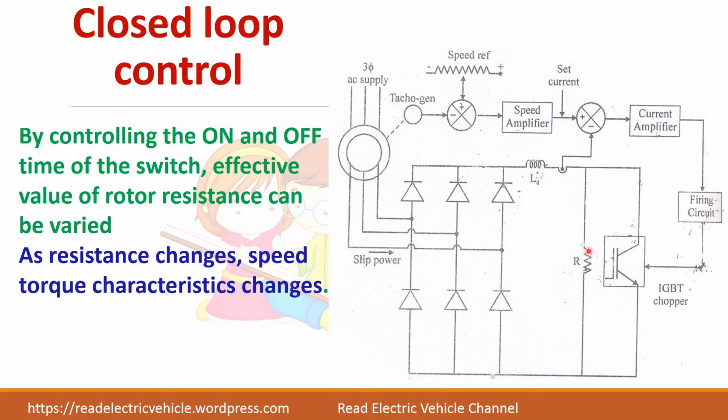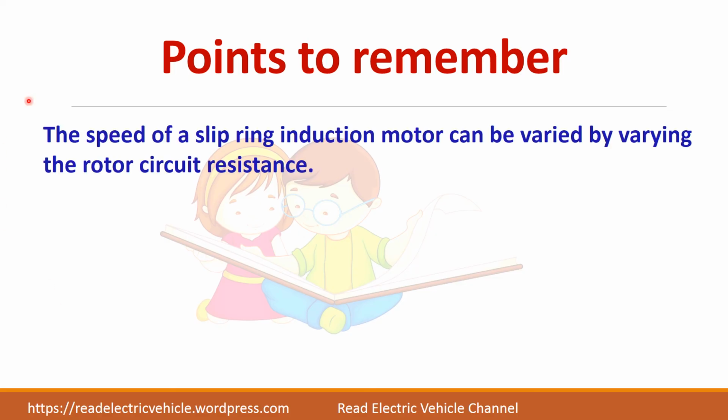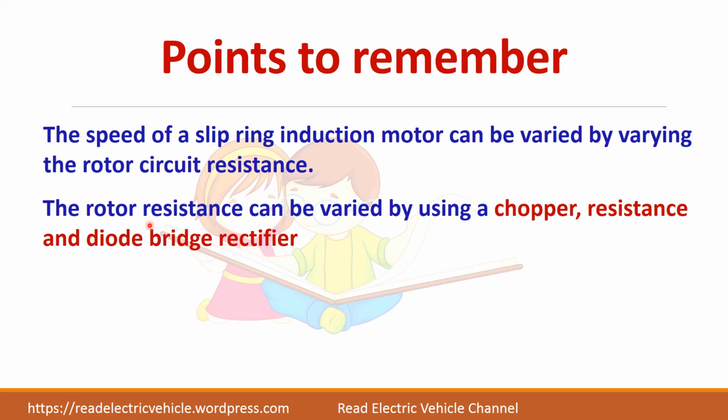So by changing the resistance, the speed torque characteristics will change, or we can control the speed by changing the on time of this chopper. So the points to remember here are, the speed control can be achieved by varying the rotor circuit resistance. In static rotor resistance control, we can use a chopper resistance and a diode bridge rectifier.